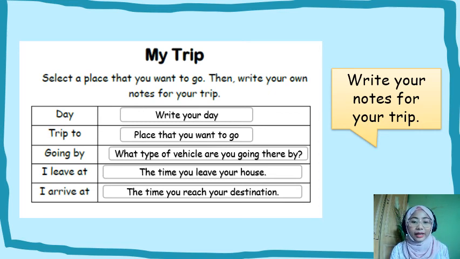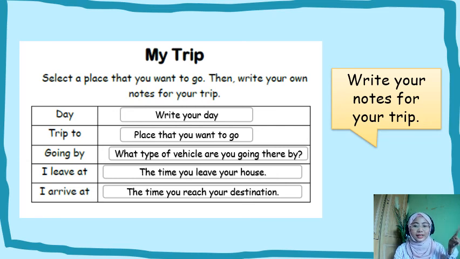For I leave at, write the time you leave your house. Let's say you leave your house at 10 a.m., so you write 10 a.m. And then I arrive at, write the time you reach your destination. Let's say you arrive there at 1 p.m., so you write 1 p.m. Are you clear?